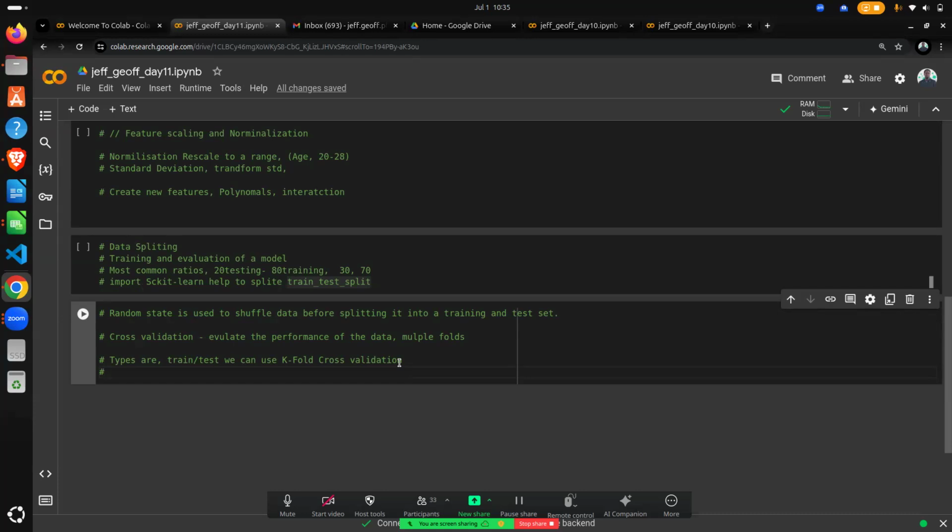So when you look at the validations, there are two. We can use what we call cross validation, the K-fold, and then we can use what we call stratified K-fold. This should just be reminding you of your statistics.